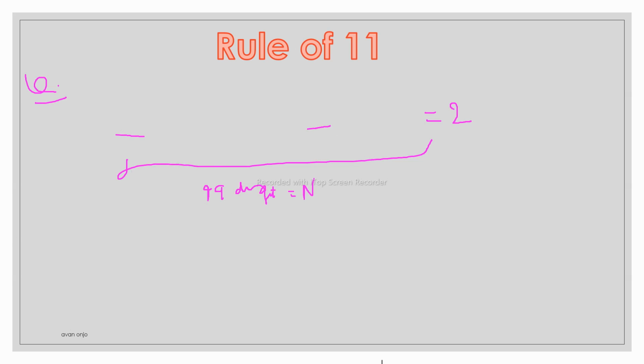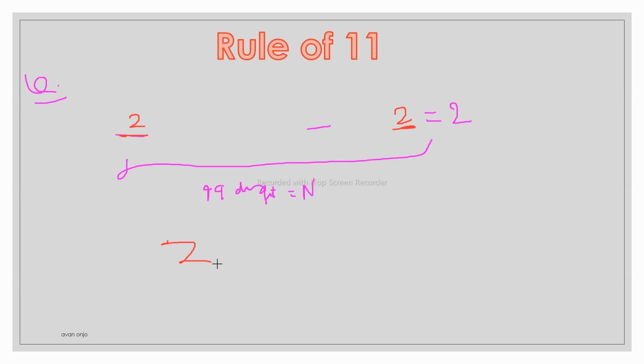Let me change the color. Now what are the two end digits going to be? End digits are going to be 2, as given in the question.